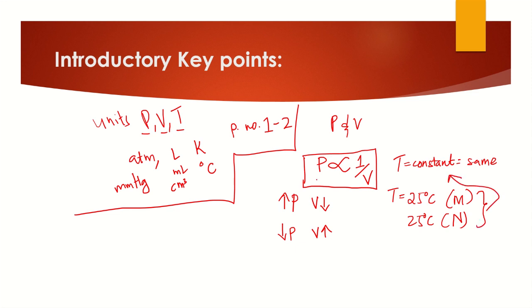So pressure of the gas has an inverse relationship with the volume when the temperature is kept constant. So Boyle's law, as we have already seen, is an indirect relationship of pressure with volume when the temperature is kept constant.